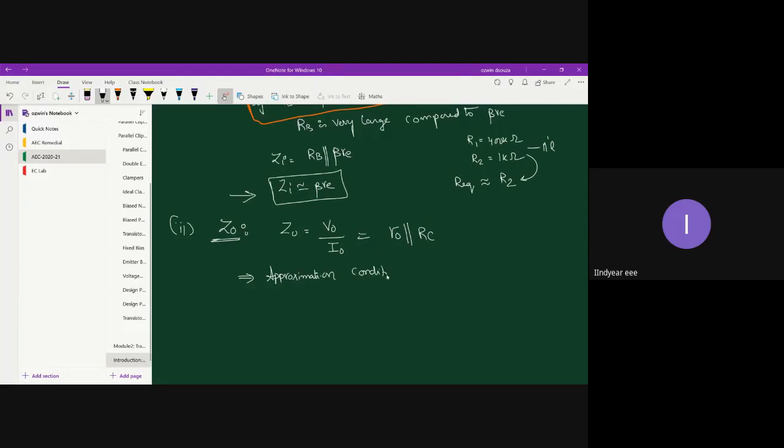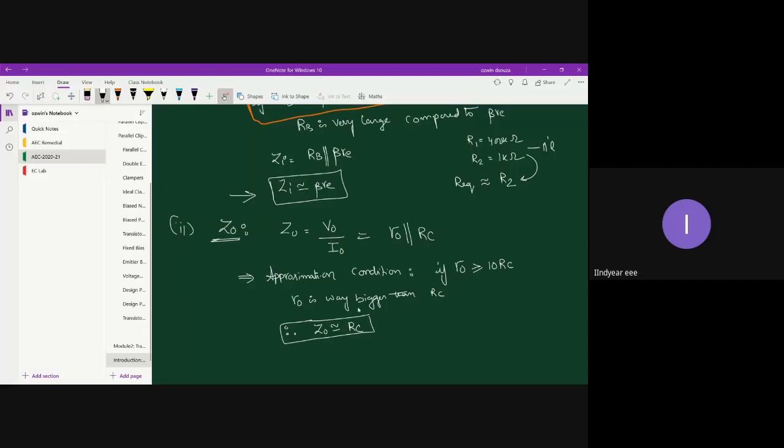It says that if R0 is greater than or equal to 10 times RC, you can say that R0 is way bigger than RC. Therefore, Z0 approximately becomes RC.